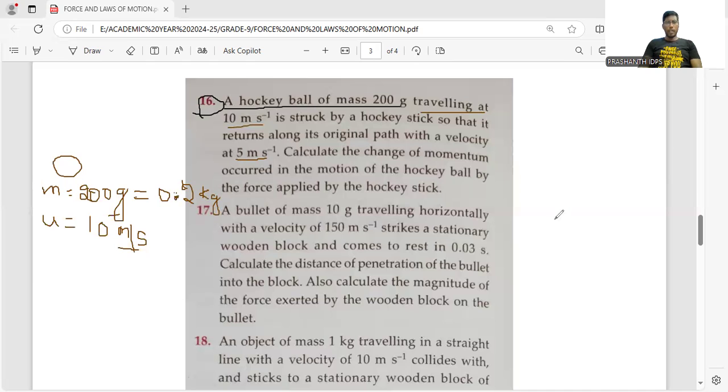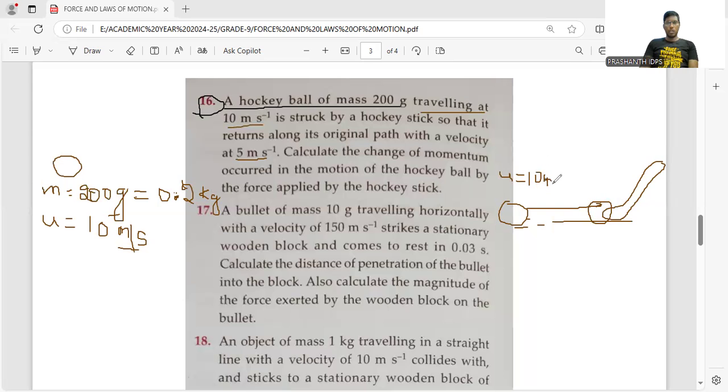If we draw the diagram, let us consider this is a hockey ball and it is traveling. Suppose this is the ground and this is a hockey stick. It is traveling, and it goes to the hockey stick and is struck by the hockey stick, with a velocity of 10 meter per second.